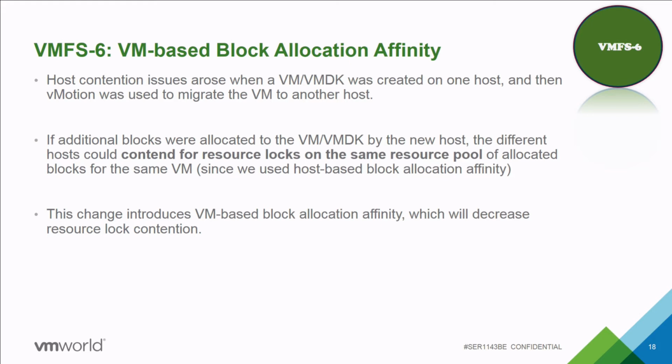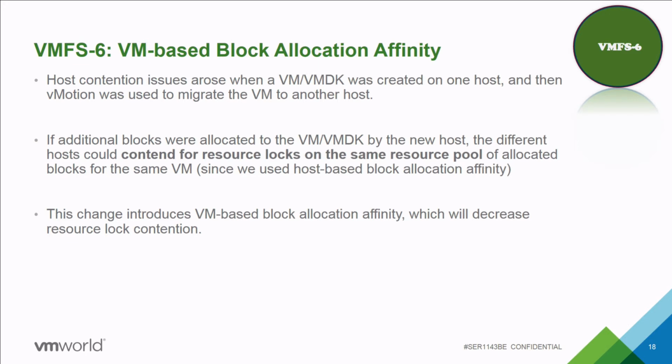However, if that VM is then vMotioned to a new host, now you have two hosts sharing the same set of resources on the VMFS. And so now, if both of these hosts get a request to grow the VMDK on these two VMs, they'll both go and look in that resource group or cluster, and they'll both attempt to grow the VMDK.